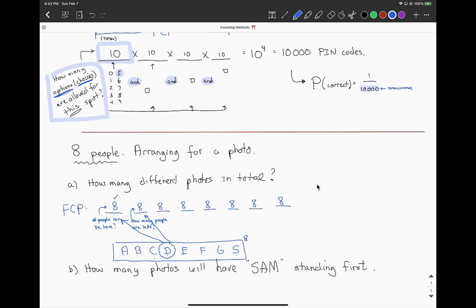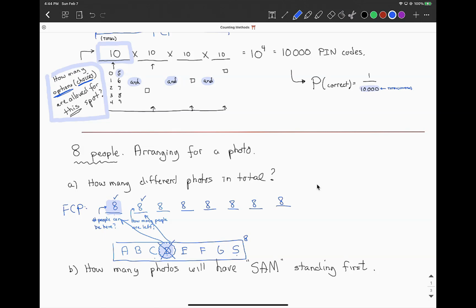Maybe in a different arrangement, this person could be in the second spot or in the third or in some other spot. But in any given arrangement, once somebody has been chosen, well, there are 8 choices, only one of them is being picked. But once this person has been picked, there would be no situation where you still have 8 options.